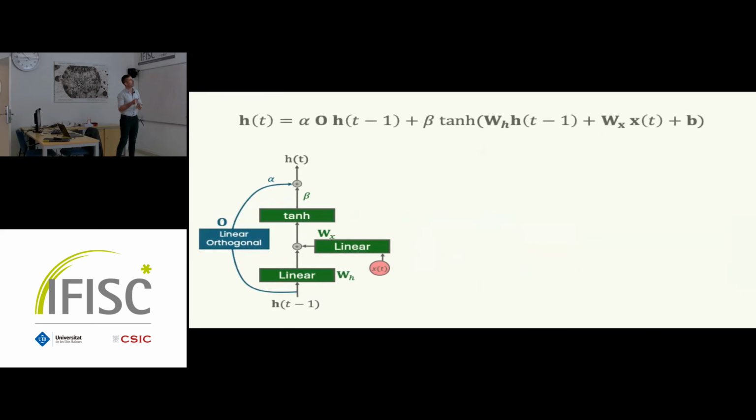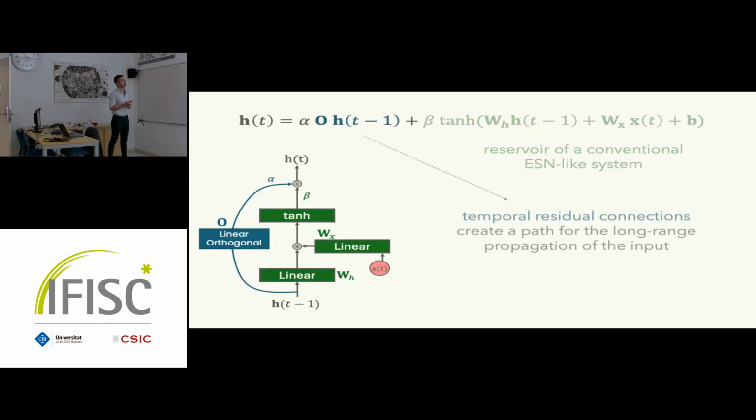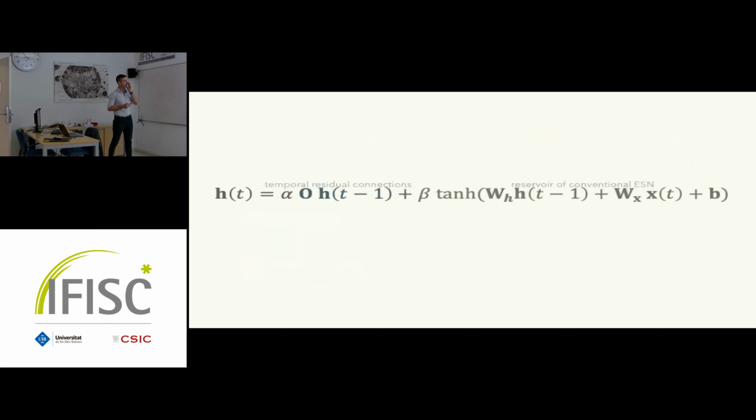So in practice, the equation is this one on top of this slide, where the green part is the reservoir of the conventional echo state network-like system, and the blue part is the added part, the so-called temporal residual connection, whose goal is to create a path for the long-range propagation of the input.